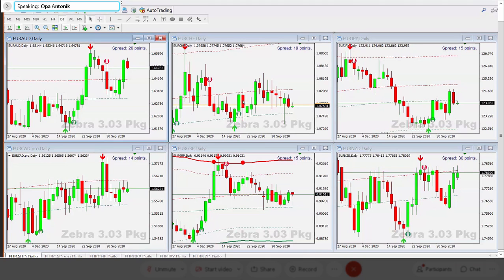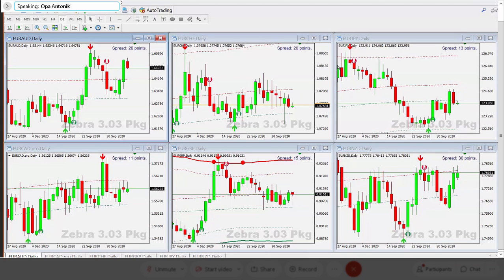So those channel dots take away the necessity for having a lot of other indicators to help you decide to take a trade. Quite honestly, most of those other indicators are built in. So it's a pretty good way to look at it.